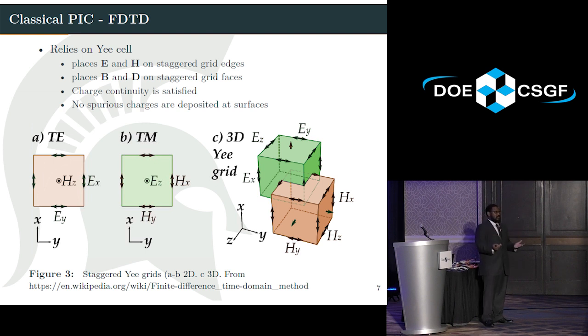And the nice thing about finite difference time domain is that you have all your relationships as far as the derivatives and the orthogonality of the fluxes and the fields, and no spurious charges arise from using this method. It's great, and we just have a figure here that you have a staggering of these 2 grids that you stagger in time, and you are able to evolve your fields, push your particles.